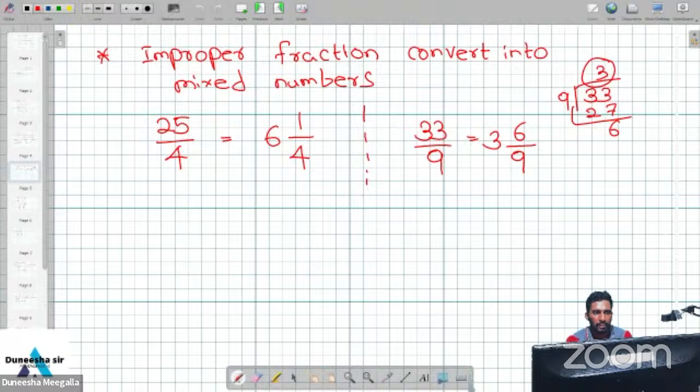How do we do it? 25 divided by 4. How much is it? 6. The whole number is 6, and 24, so the remainder is 1. We use 6 and 1 over 4 for the mixed number. Then 33 over 9 gives 3 and 6 over 9.